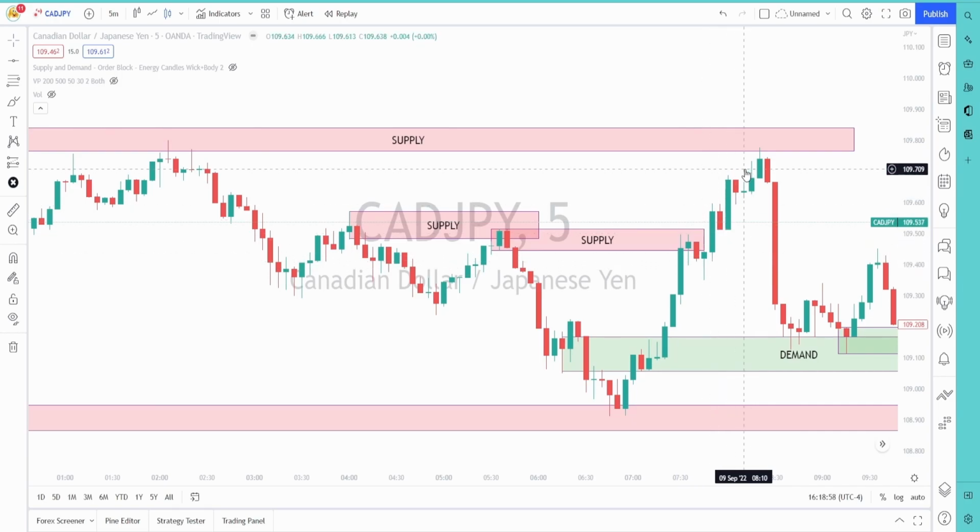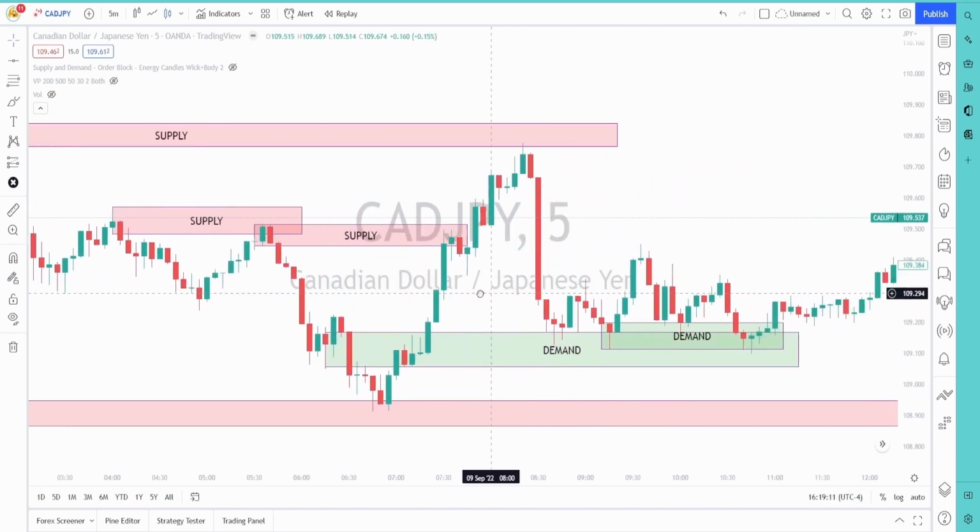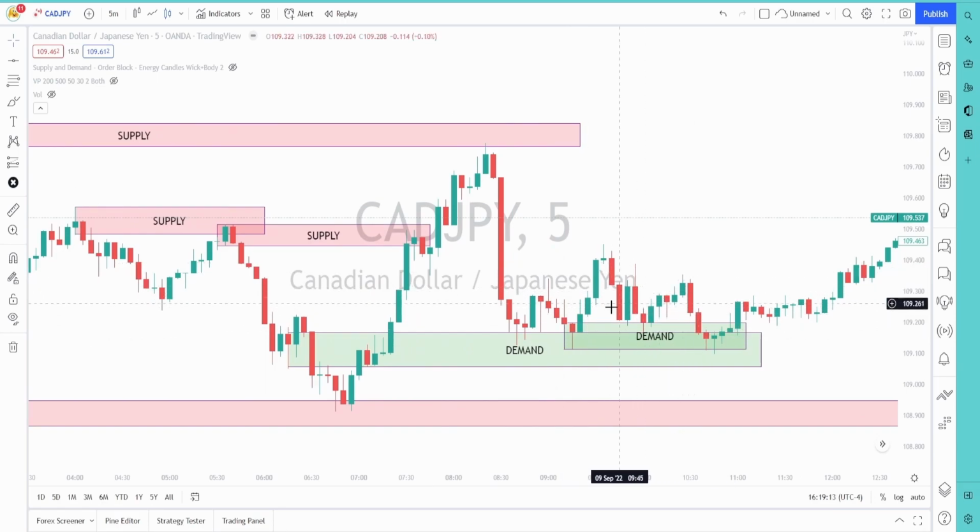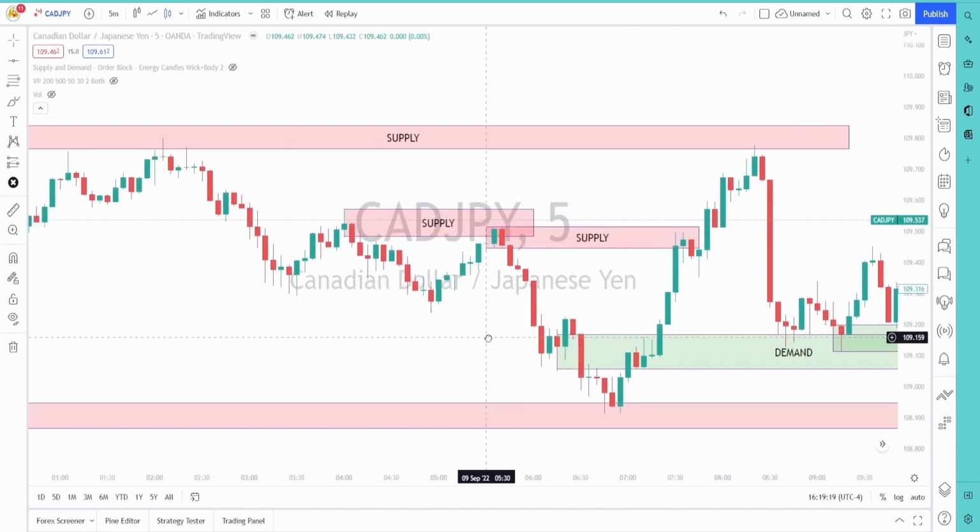And then continued to push up into supply before changing direction. Now, it also came back into the area that it broke through before, bouncing off of it several times. So there might have been an opportunity there to make something off of it. But this happens on every time frame.